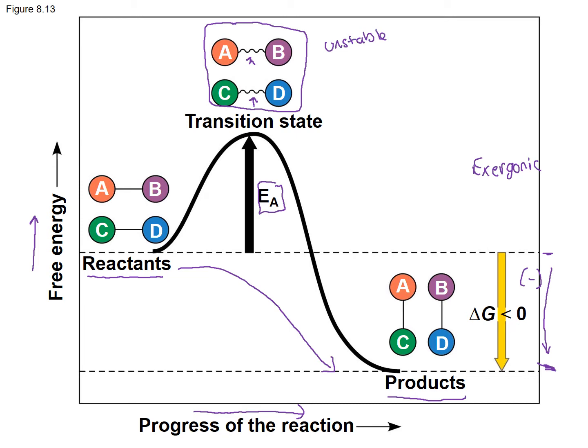This is where breaking bonds and making new bonds occurs. This all refers to bonds. So this represents what's happening during a chemical reaction in terms of energy. We're going to go back and refer to this.